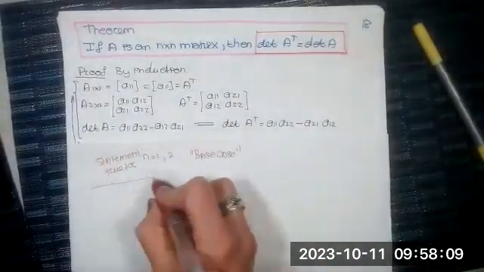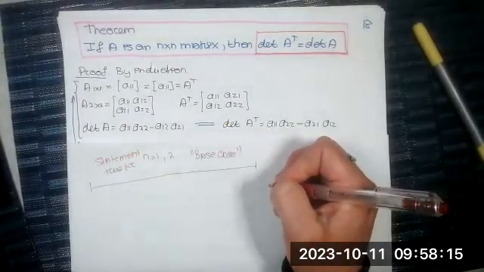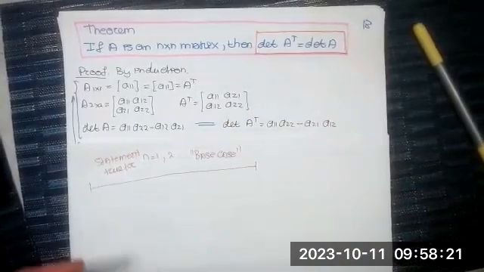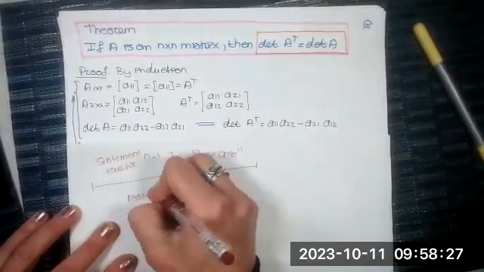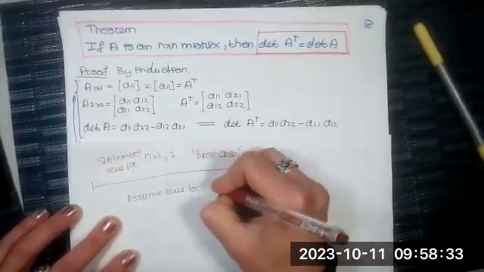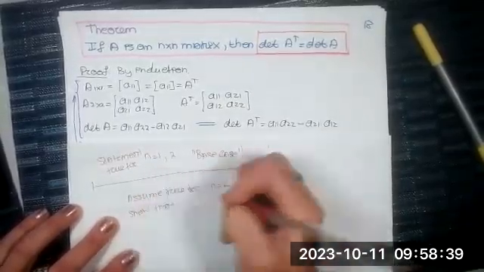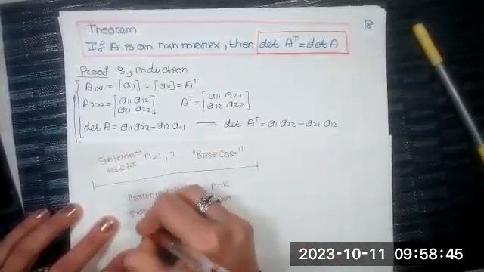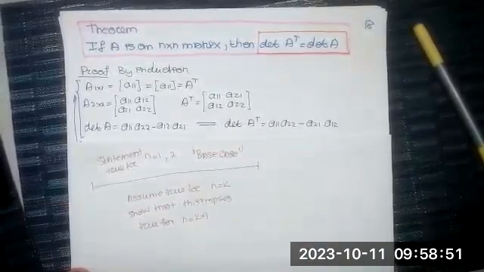Now you want to show that the statement is true for all n. So instead of going over and proving it for all different n's, because it's impossible if n could be arbitrarily large, what you do is you assume it's true for n equals k, and then show that this implies it's true for n equals k plus 1, right?